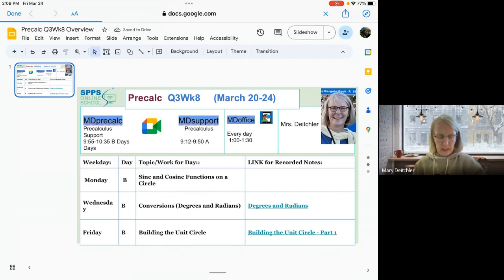If you go to the weekly overview, when lectures are given and there are notes given, those lectures and notes are recorded for your benefit so that, if you were in class, you can go back through, maybe you missed something in class, you can always look at the recording, and it's always right there for you.